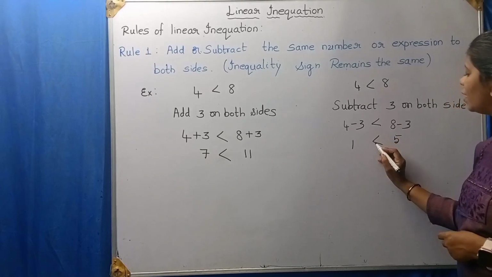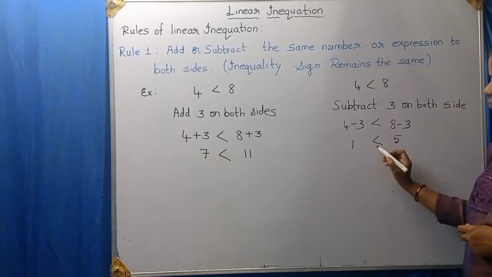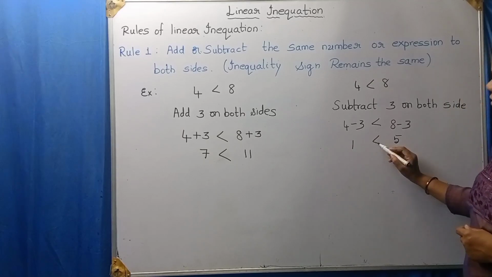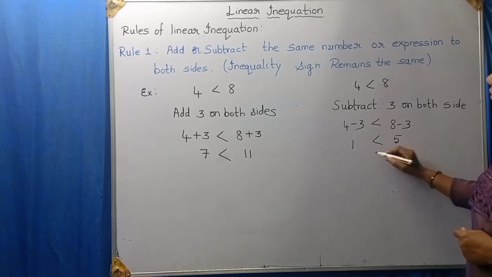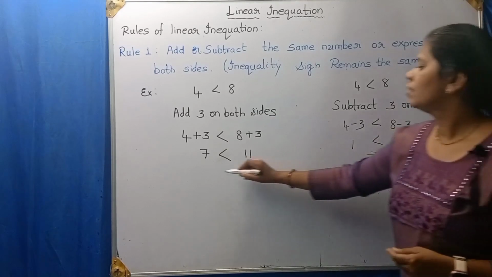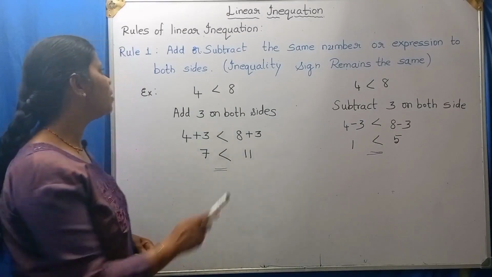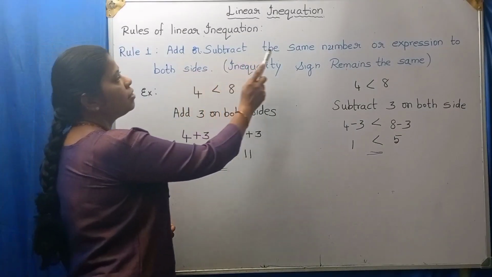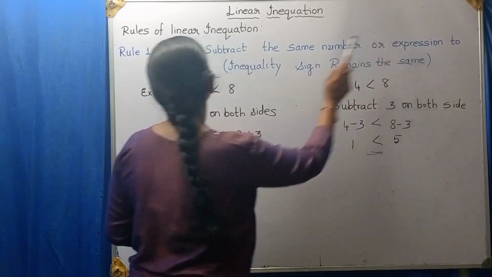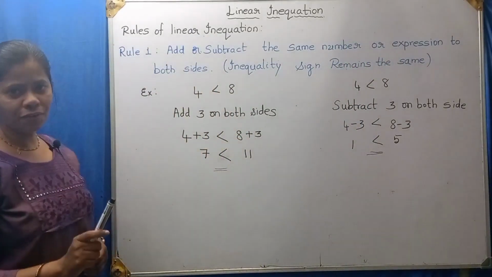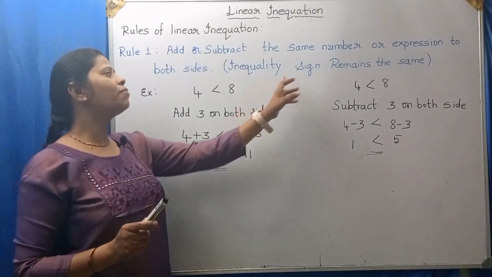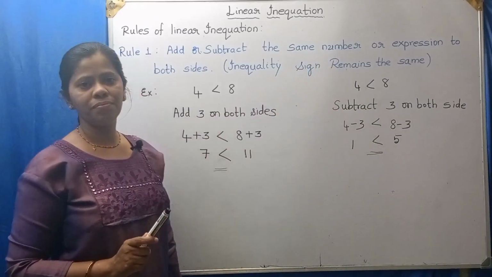Again, the inequality sign will remain the same. 1 is lesser than 5, right? In the same way, you can add or subtract the same expression to both sides of the equation. Then also the inequality sign remains the same.